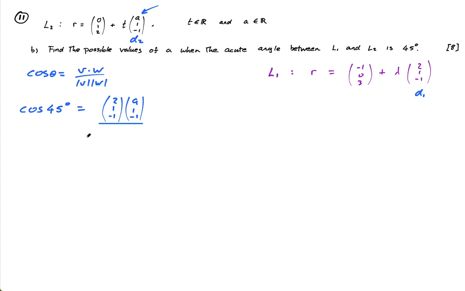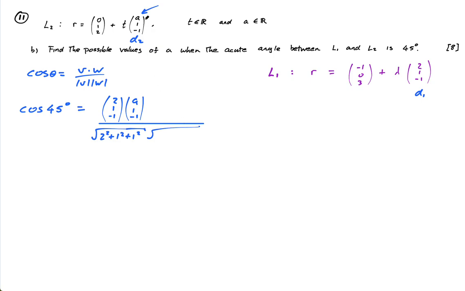Okay, the magnitude is the square root of this squared plus this squared plus this squared. 2 squared plus 1 squared. It's technically plus negative 1 squared, but guys, I always just go straight to 1 squared because when you square the negative, it becomes positive. And then I'll continue this.